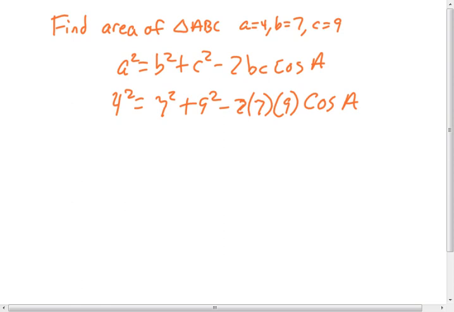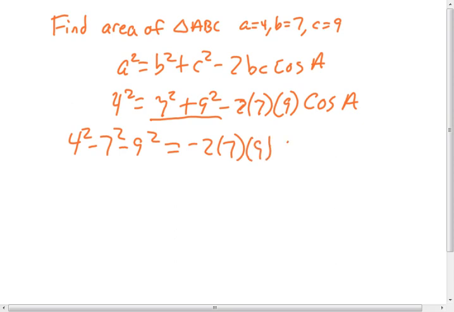So now we have to rearrange this so that we have A by itself. What we're going to do first is take the 7 squared and 9 squared and subtract them from both sides. So we have 4 squared minus 7 squared minus 9 squared, and that would leave us on the right side with minus 2 times 7 times 9 cosine of A. And then this is a multiplication, so we will divide by that.